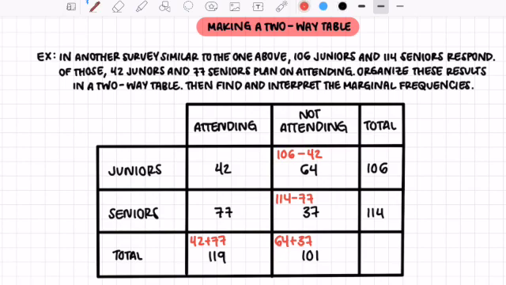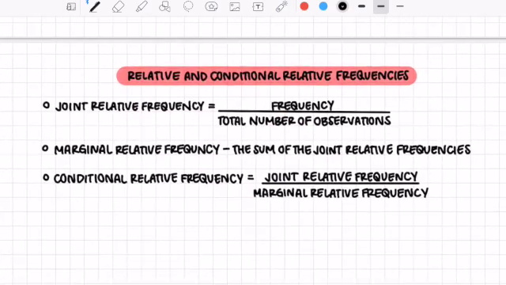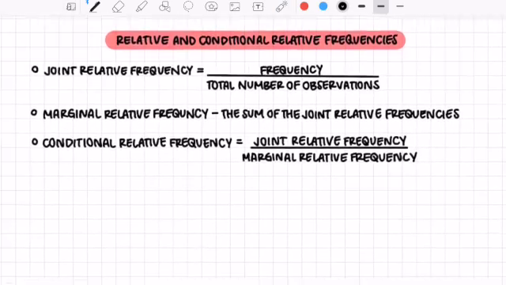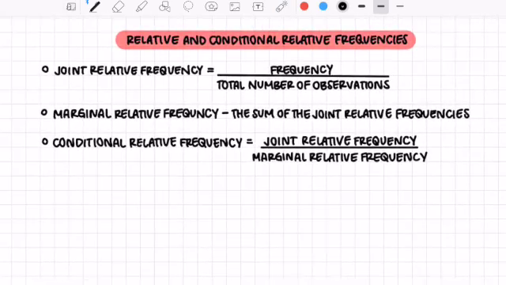So either way, let's just add 106 plus 114, and we would get 220 people surveyed. Cool. So after creating our two-way table, other things that we can look for are the relative and conditional relative frequencies.